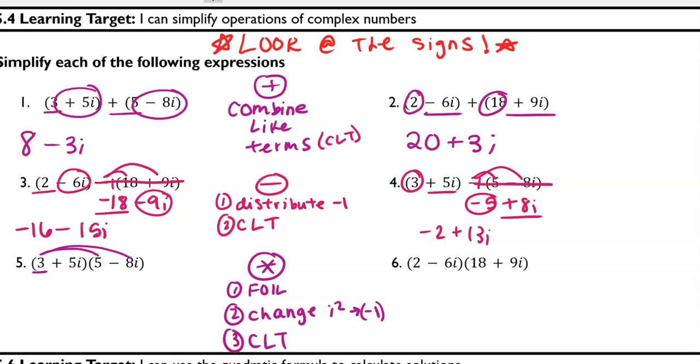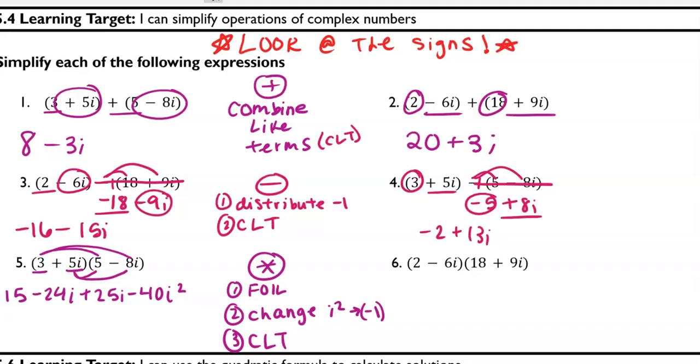So 3 times 5 is 15. 3 times -8 is -24. The 8 has an i, so it's -24i. Then we can look at the second term, 5i times 5. Well, 5 times 5 is 25, and i. And then 5i times -8i. 5 times -8 is -40. i times i is i squared.